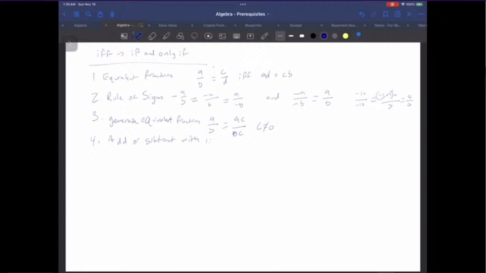Like denominators. A over B, plus or minus C over B is the same as A plus or minus C over B, whichever one it ends up being. So the signs are not magically going to flip, and you'll see that written in expressions as plus minus.